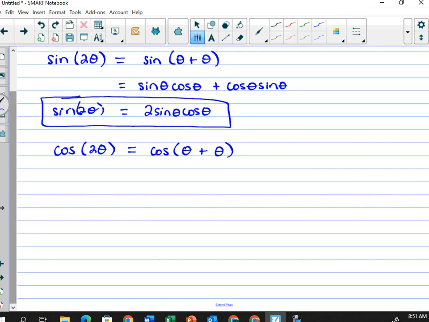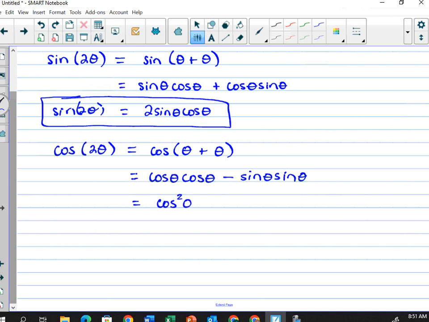Okay, we're going to do the same thing for cosine. So cosine of 2 theta, that's just cosine of theta plus theta. Anybody remember the formula? Cosine cosine, minus sine sine. Yes. Good job, guys. And what is cosine times cosine?